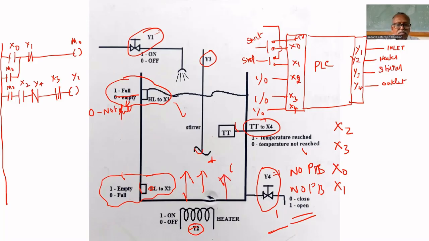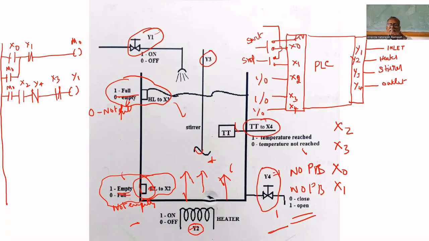If it goes above this proximity switch, it will give you a 0, because the tank is not empty. Here we have to write not empty. Not empty means it gives 0. Empty means it gives 1. Full means it gives 1. Not full means it gives 0. That way we have to write.